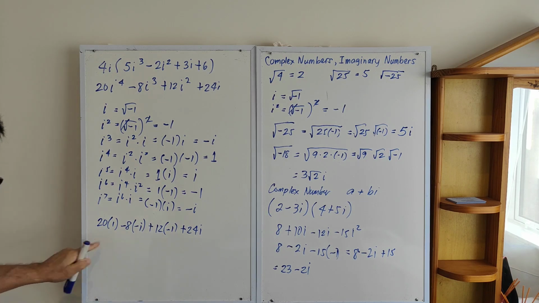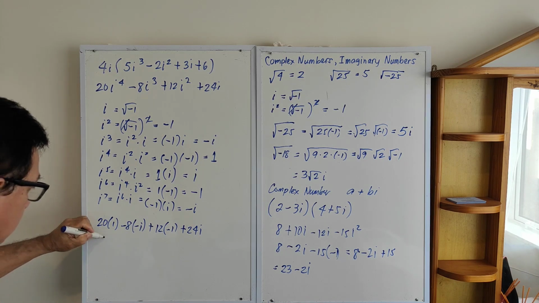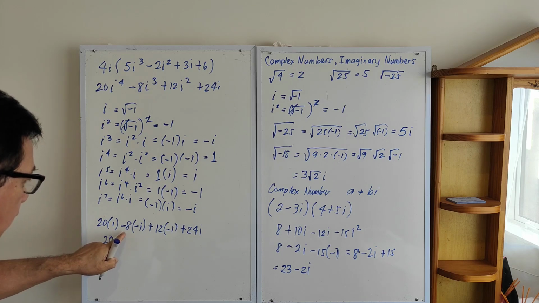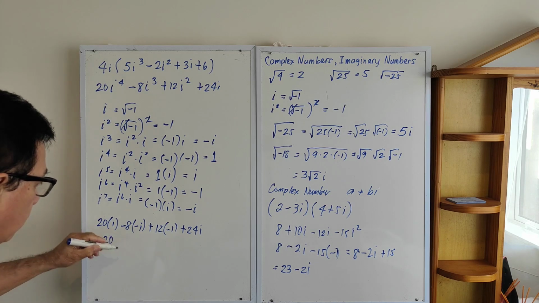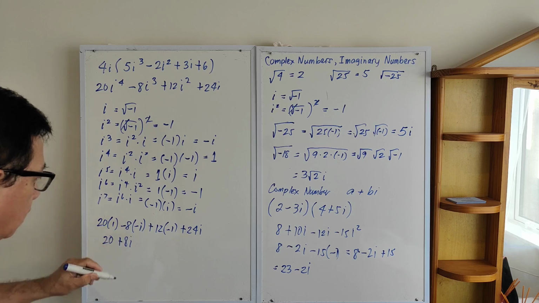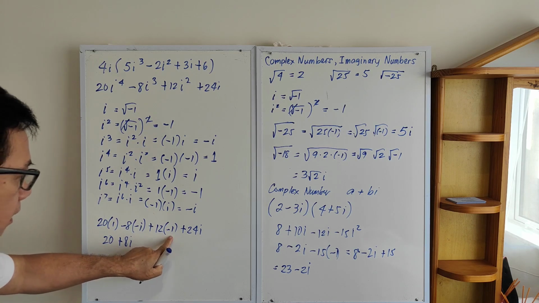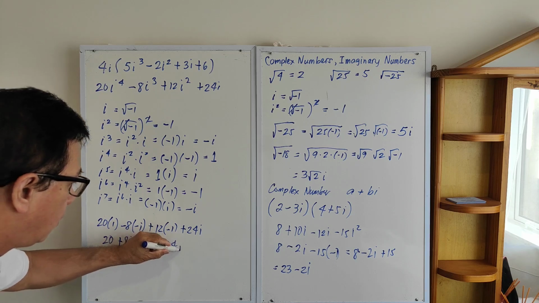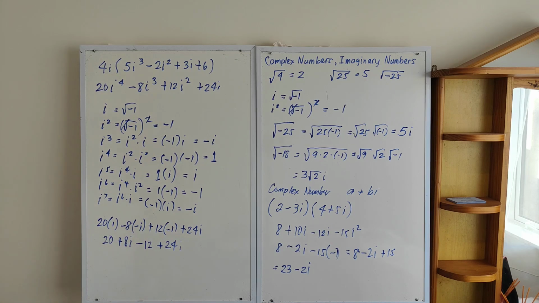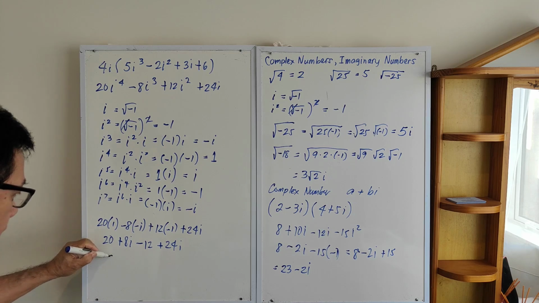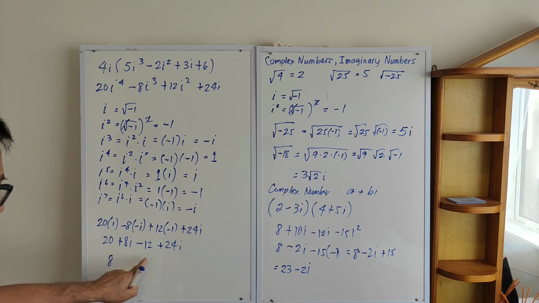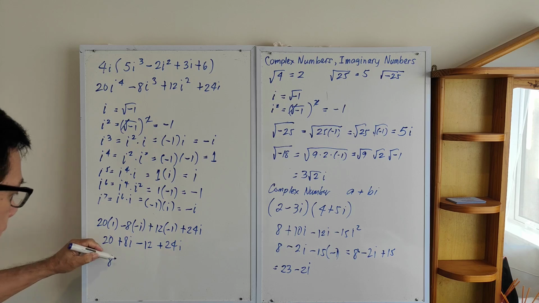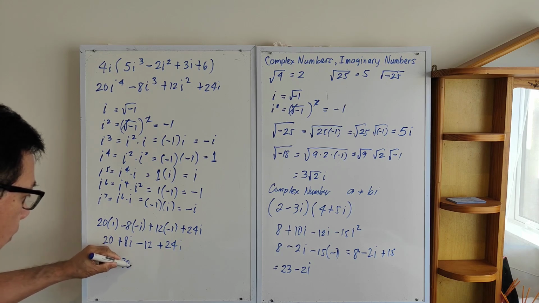Now we can multiply this. 20 times 1 is 20. Negative 8 times negative i will be positive 8i. 12 times negative 1 is negative 12, plus 24i. So we can now combine 20 and negative 12. It becomes 8. And then 8i plus 24i is 32i.